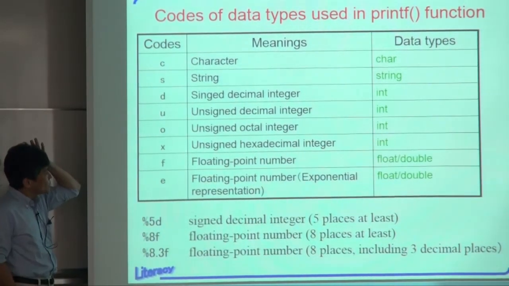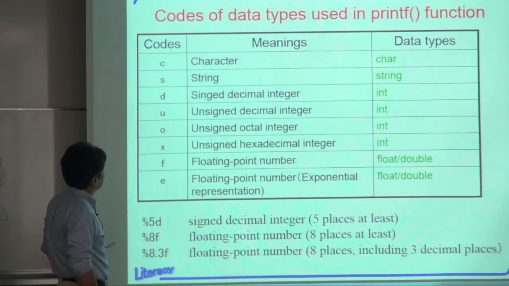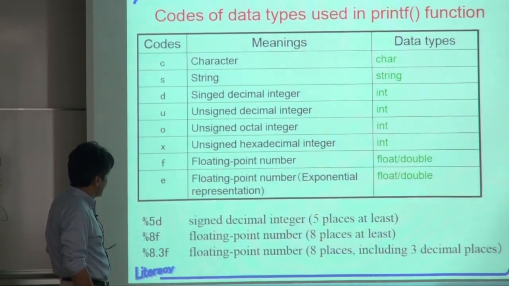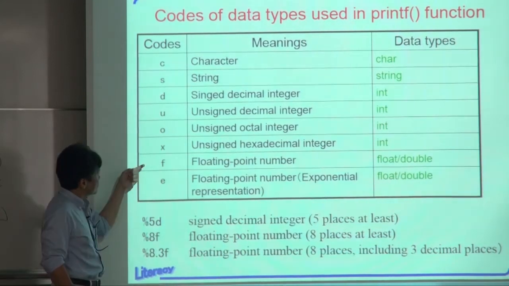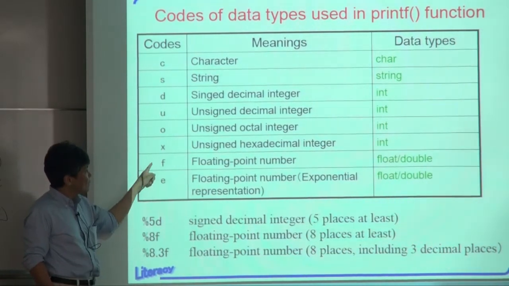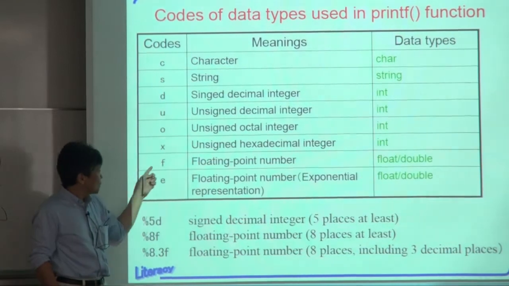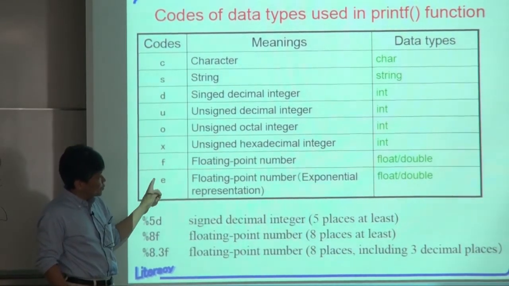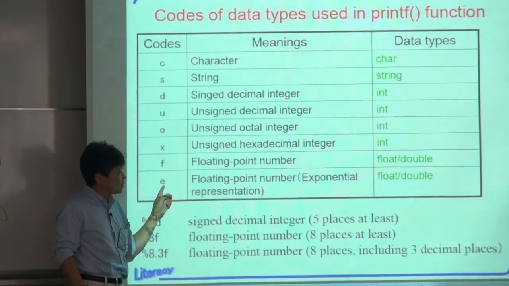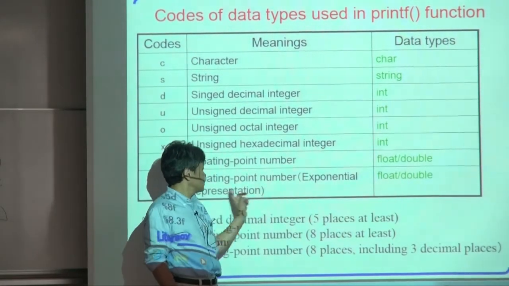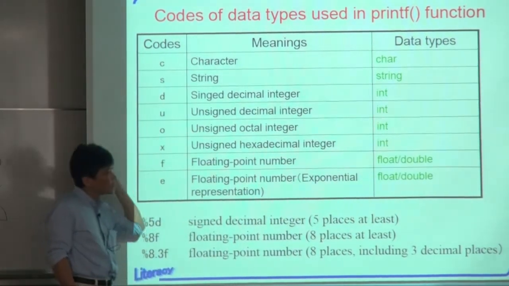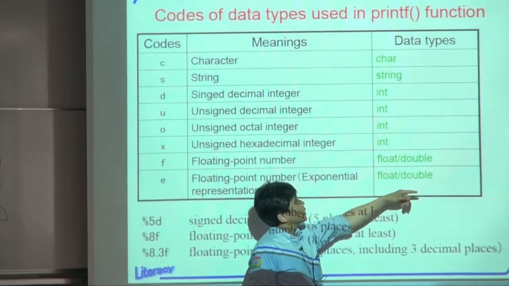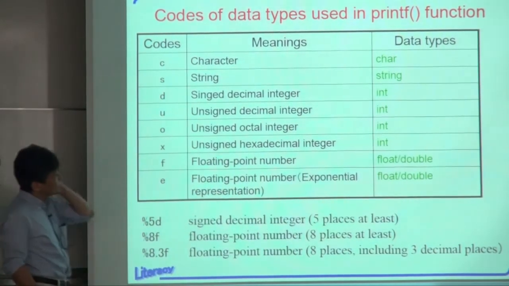If the corresponding variable is a floating point number, you have to use the f character. And also you can use the e character as a code for exponential representation. The corresponding data type is float type or double type.